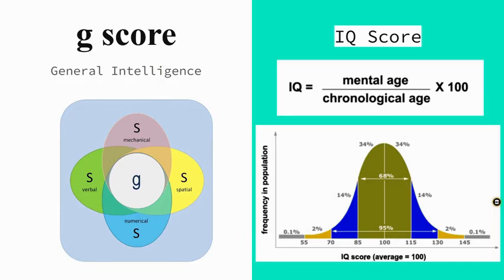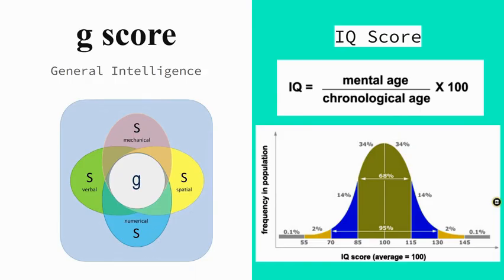So mental age versus chronological age. Let's say when you take that IQ test, they find that you are performing at the mental capabilities of a 9-year-old and your chronological actual age is 10. Or maybe they find that you perform at the mental age of 15, but you have the chronological age of 12. Whatever it is, you find out what the mental age is and the chronological age, you divide mental age by chronological age, and you multiply by 100.